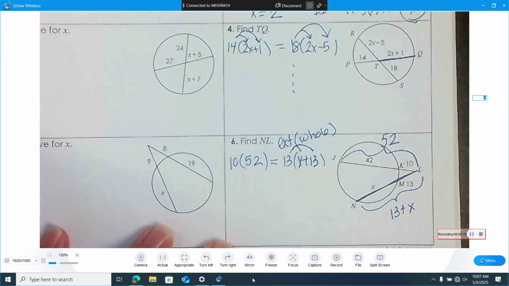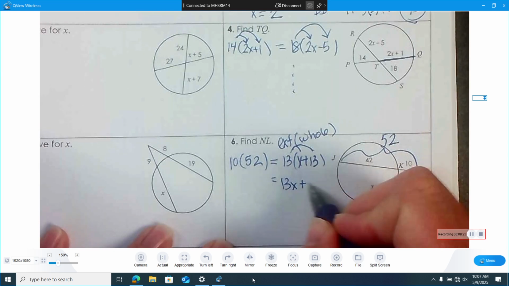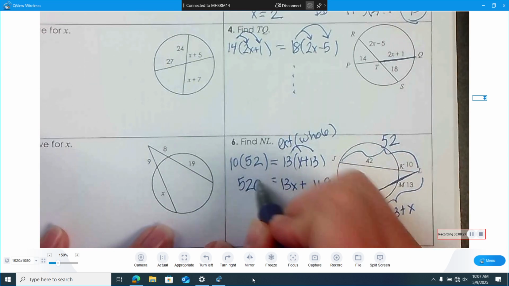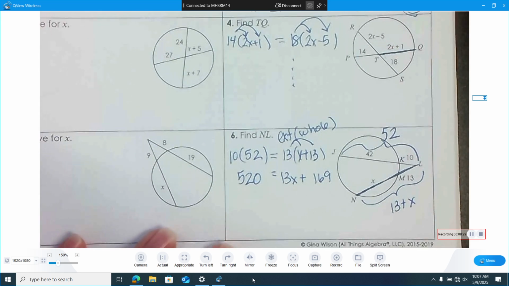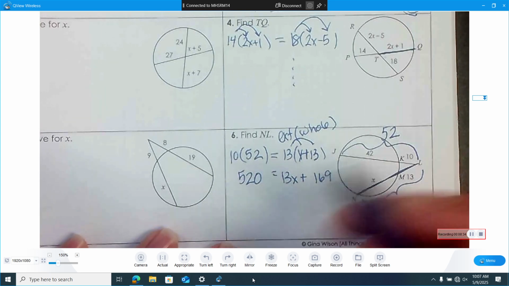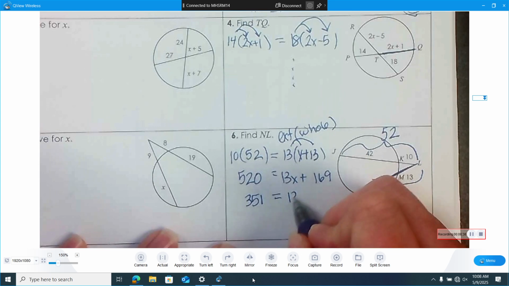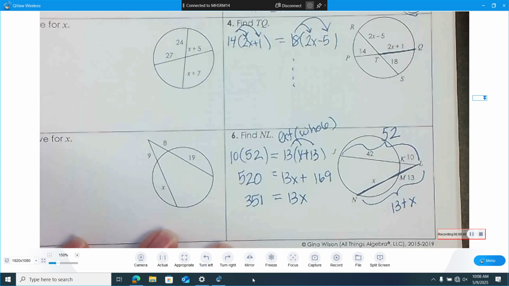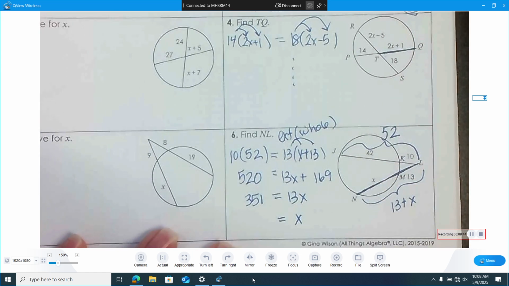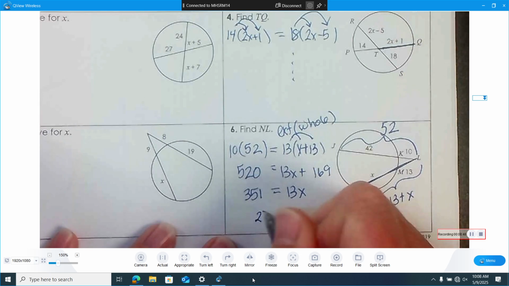Yeah, so we're going to distribute that 13. I get 13x plus 169 equals 520. 10 times 52, 520. And then we need to subtract the 169, which is going to give me 351 equals 13x, and then divide by 13, and I get 27.